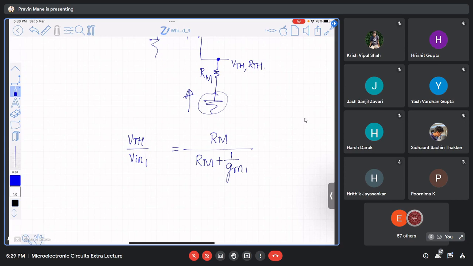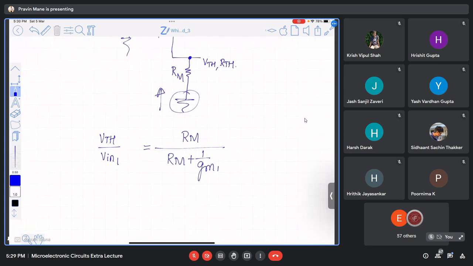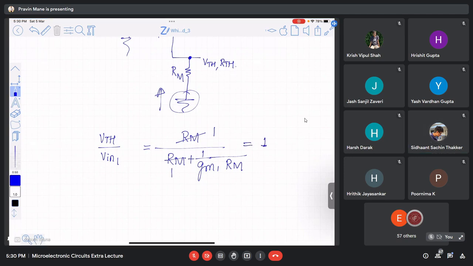If I put Rm equal to infinity, what is going to happen? First I should divide it by Rm. So 1, here it becomes Rm. And now if I put Rm equal to infinity, what is the value? 1 by? So what is Thevenin's equivalent voltage?